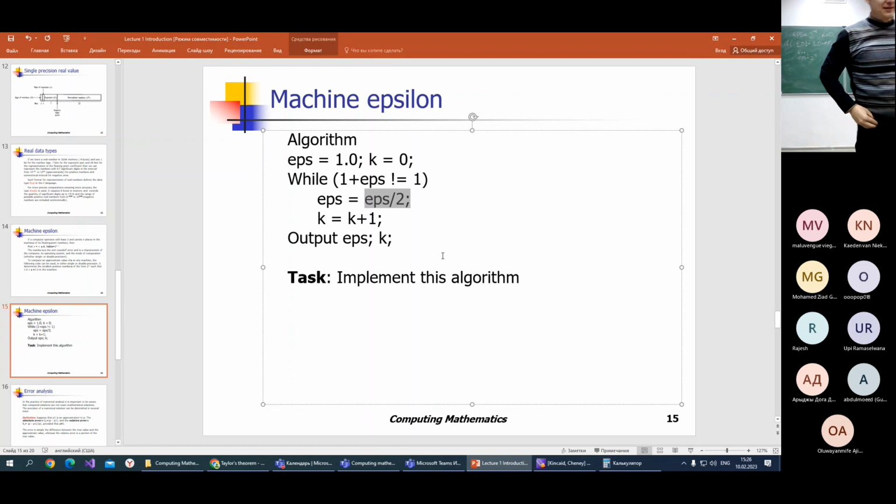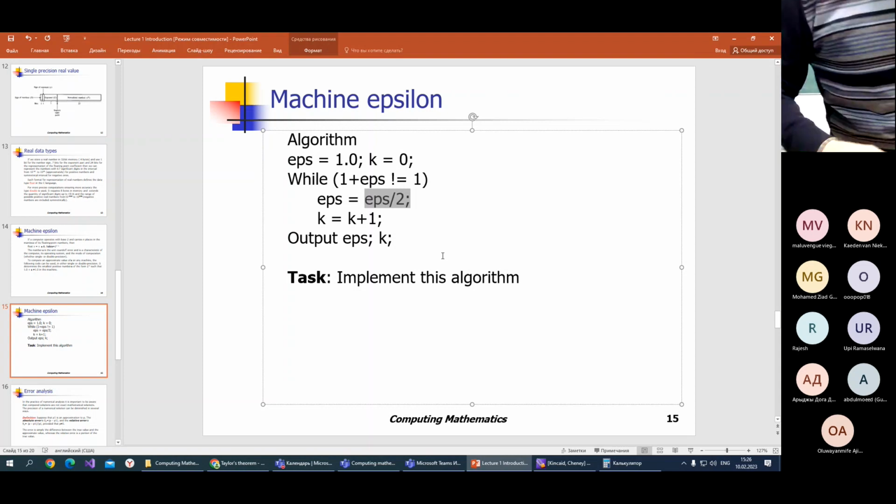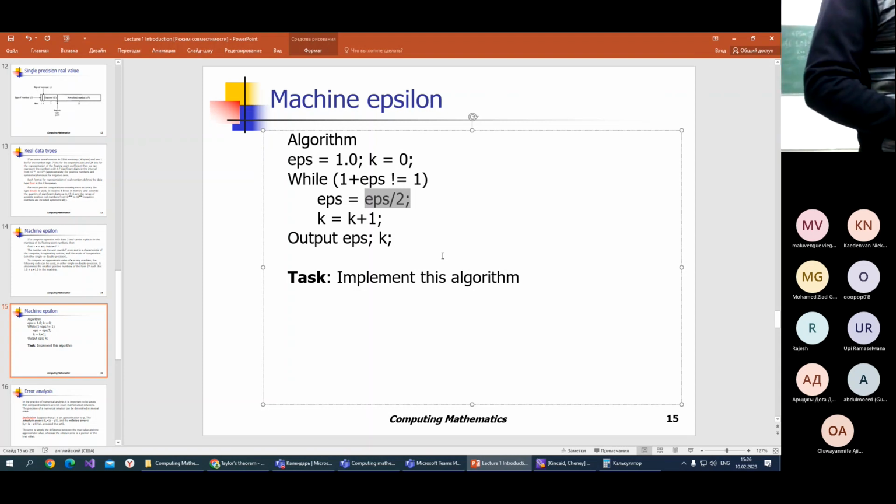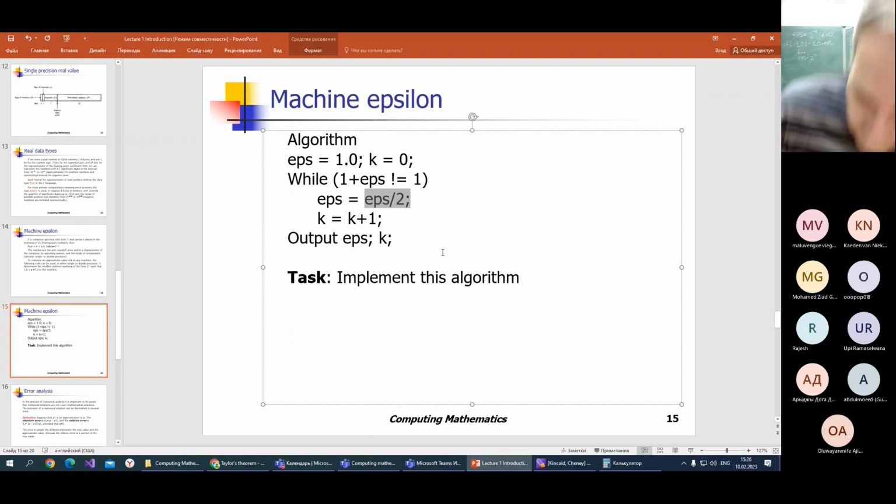So it means that the formula of epsilon is 2 power minus k. Yes, and we decrease it until we reach the step where 1 plus epsilon equals 1. Well, this is the first task as homework. Please implement this algorithm in Java or any language and find the machine epsilon.